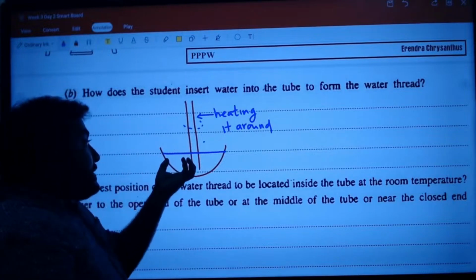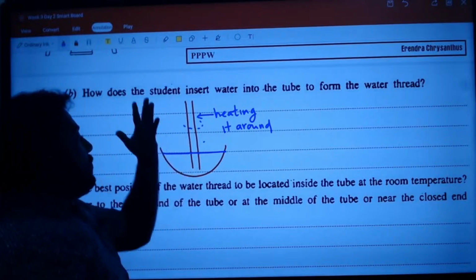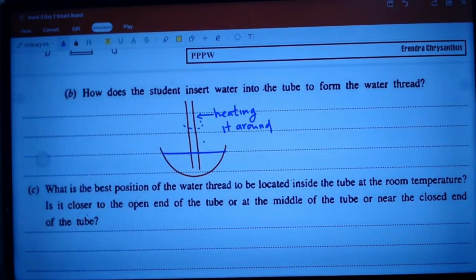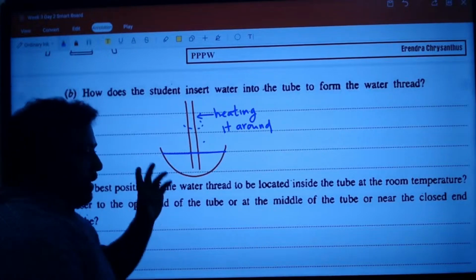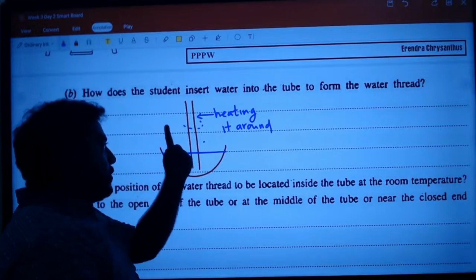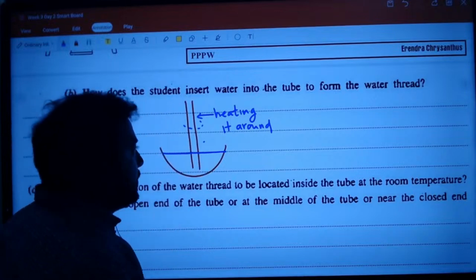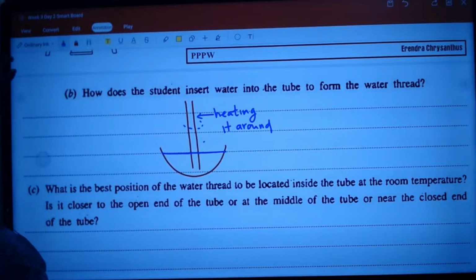This creates a sudden push for the liquid to pass through. So the same way we can use it for mercury. Heat around, insert into water, suddenly cooling, suddenly there is going to be a sudden water thread jumping in.